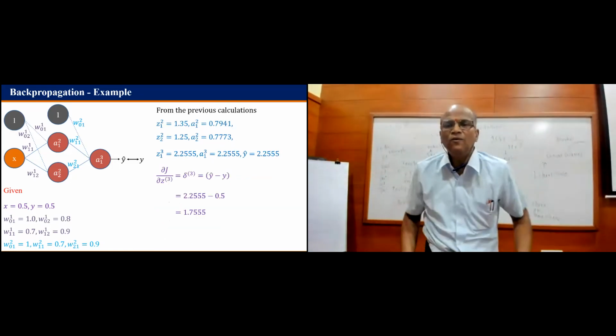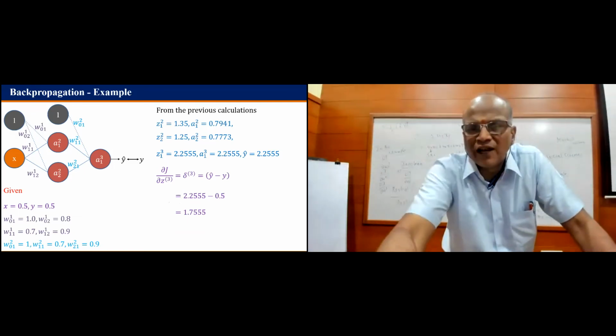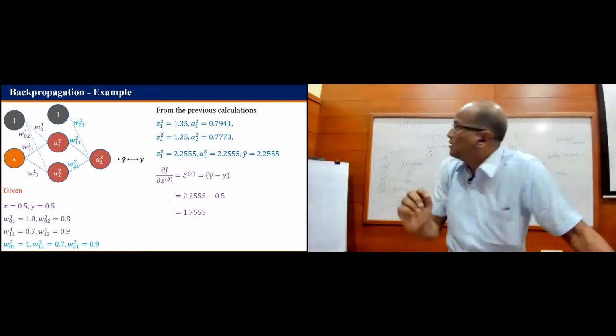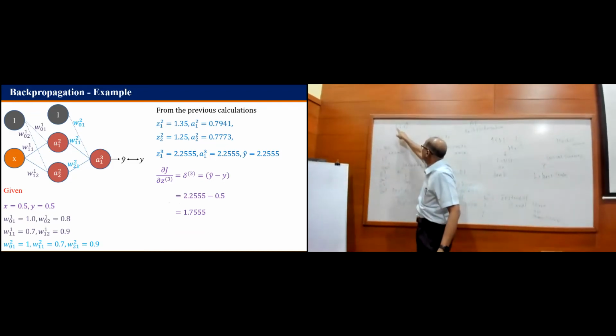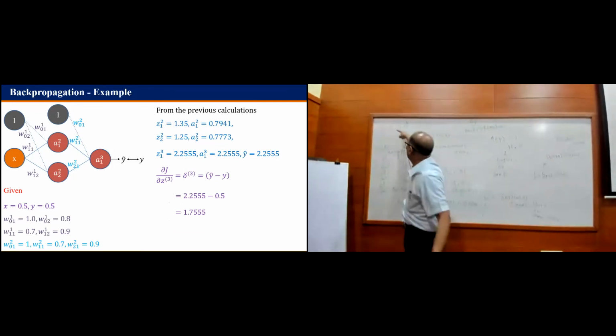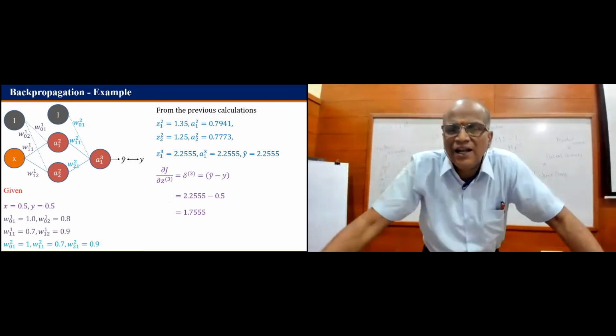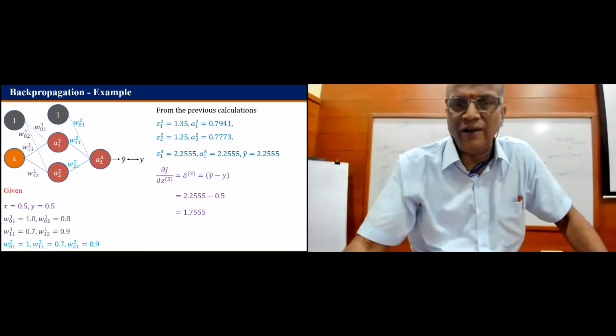Now, dou J by dou Z3 is equal to delta 3. For the last layer, you take the derivative of half of Y bar minus Y squared, so the 2 and 2 get cancelled and it is just Y bar minus Y. So dou J by dou Z3 is nothing but 1.755.